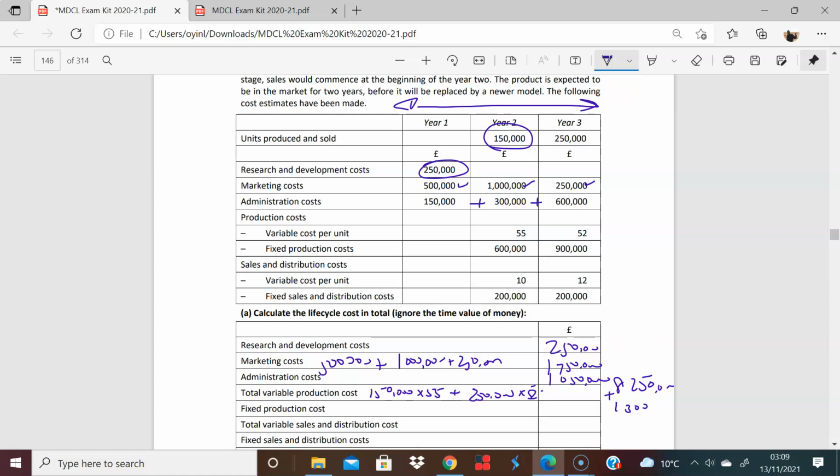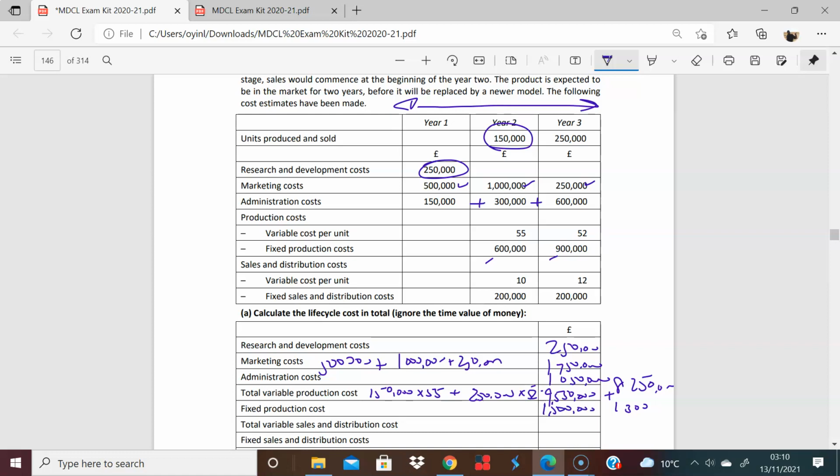So the two of them together, 8.25 plus 1.3 is equal to 9,550, and then you have that, right? Then you have your fixed production costs over both years, which is 9 plus 6, so that's 1.5 million.